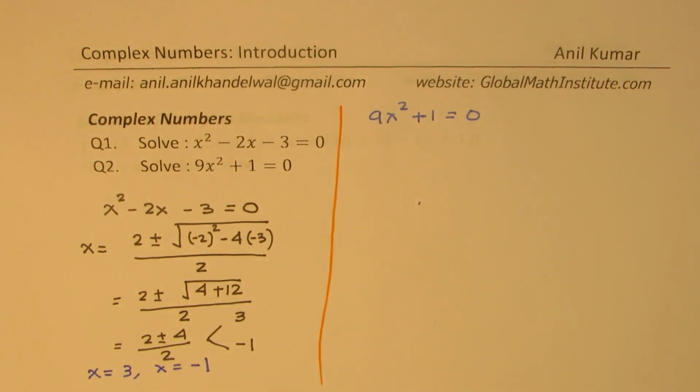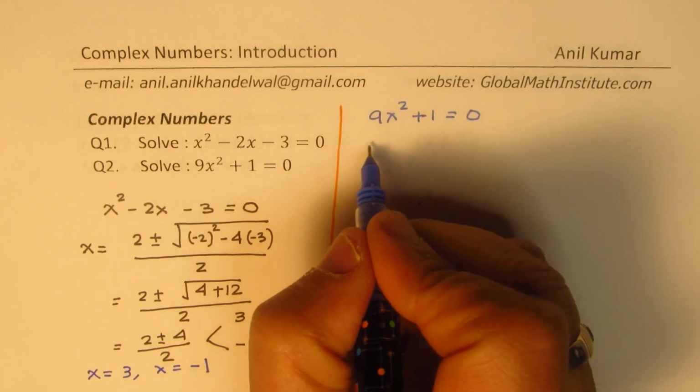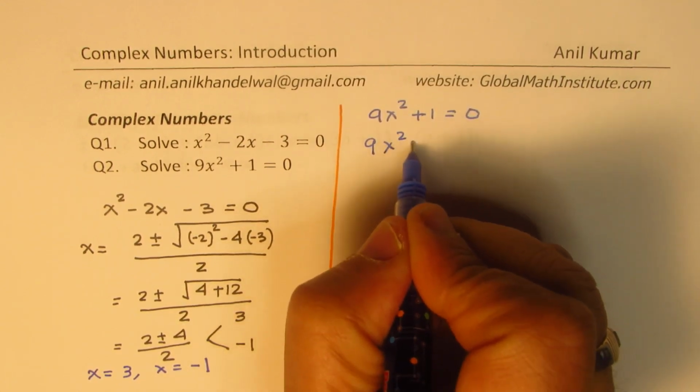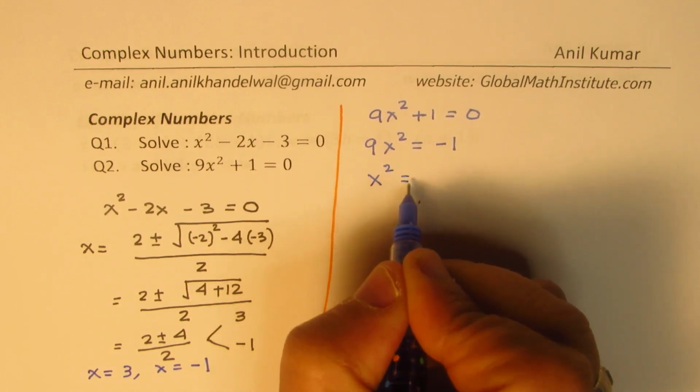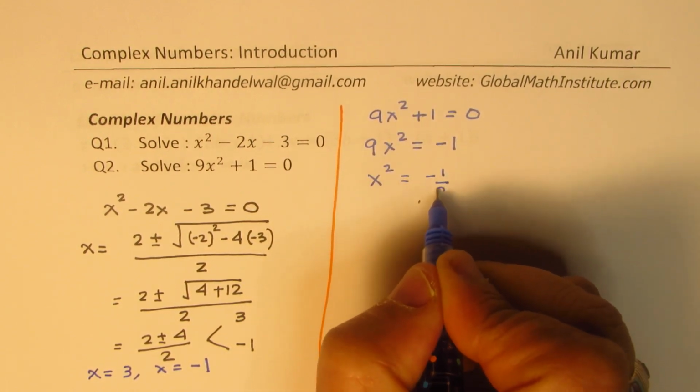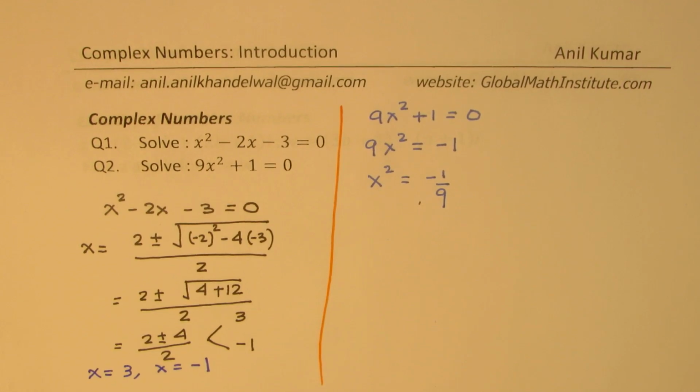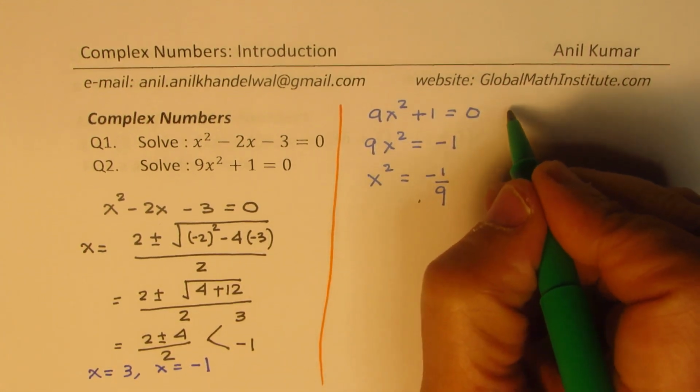Well, this is much simpler than the previous equation. You could now write this as 9x squared equals minus 1, or you can say x squared is equal to minus 1 over 9. Now, as soon as you get this, we say we have no real solutions for this, correct?